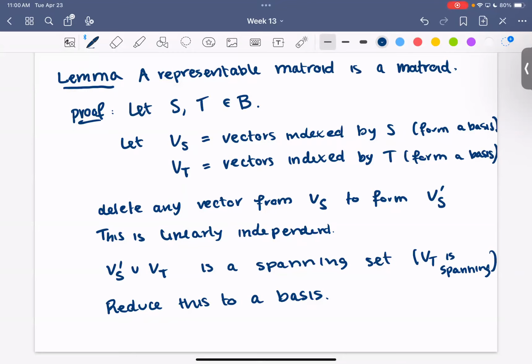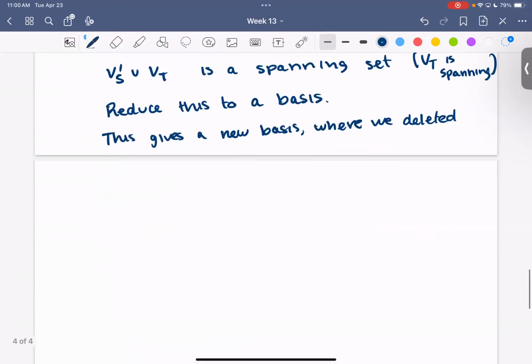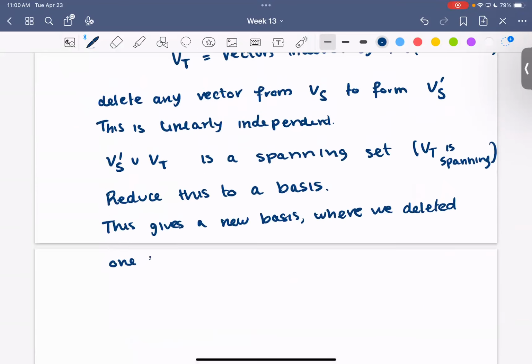So this gives a new basis where we deleted one vector from VS and added one from VT.